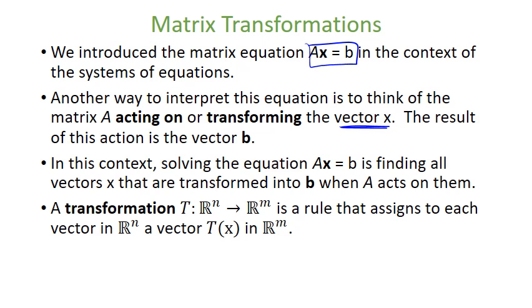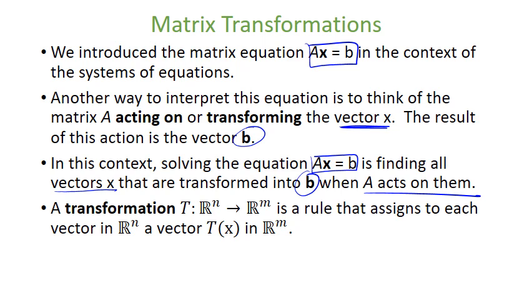So the result is vector B. So we're still solving this equation, but what we're doing is we're finding all the vectors x that are transformed into vector b when A acts on them. And this is called a transformation.